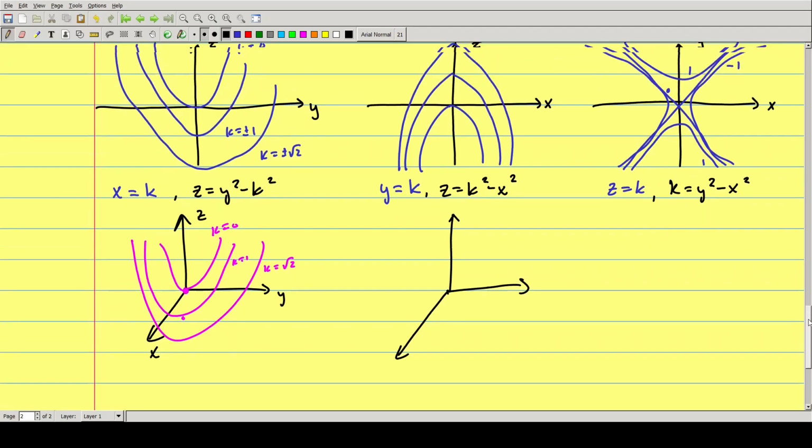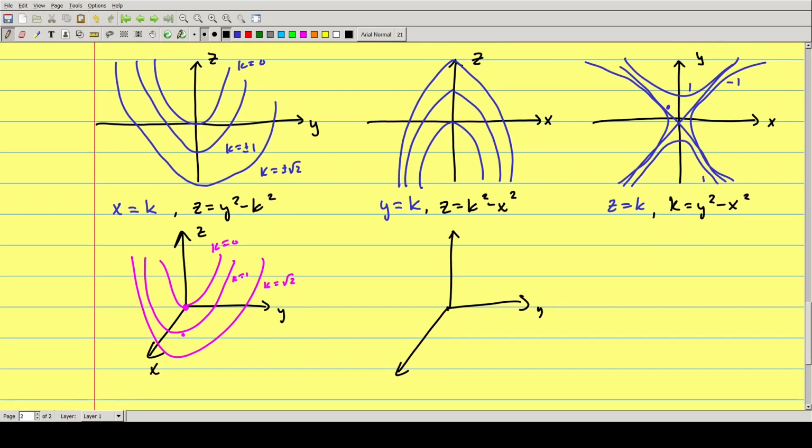We can do something similar with this plot here. This one turned sideways is going to be a little bit easier to see what we're supposed to see.